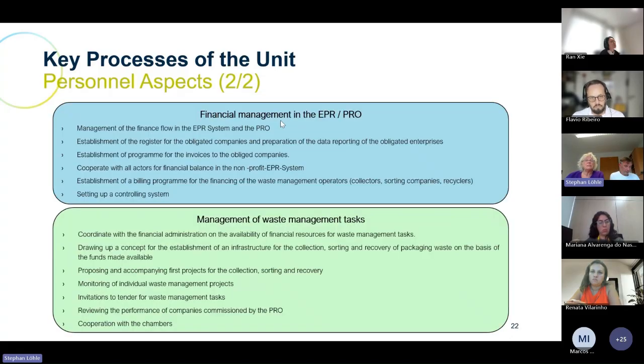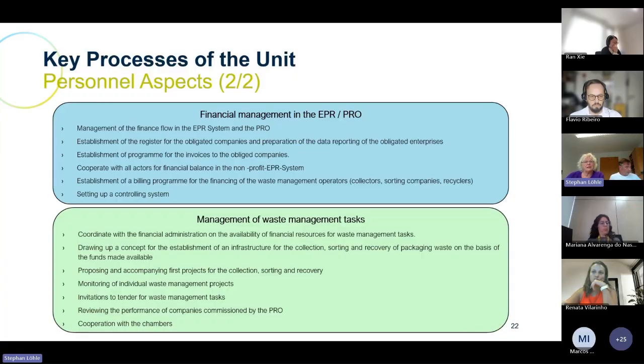And then the financial management. The group of this financial management needs to know everything about the finance flow, the register, the program of invoices, cooperate with all actors, and establish a billing program and set up a controlling system to see who is a free rider and to find out that there is no free riding or only little. And the waste management task is clear.